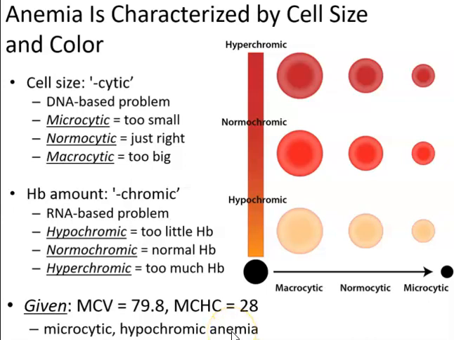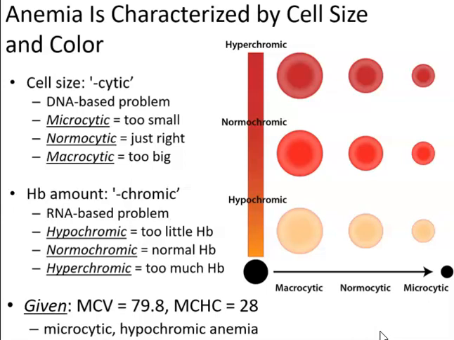So knowing the normal ranges for MCV as well as mean corpuscular hemoglobin concentration, we can then determine the size and color of the cell. And given these numbers, we could also identify the type of anemia if anemia is present.